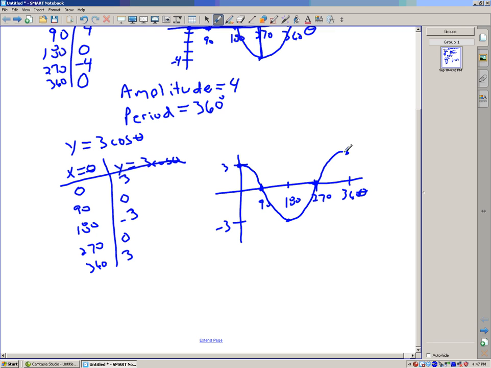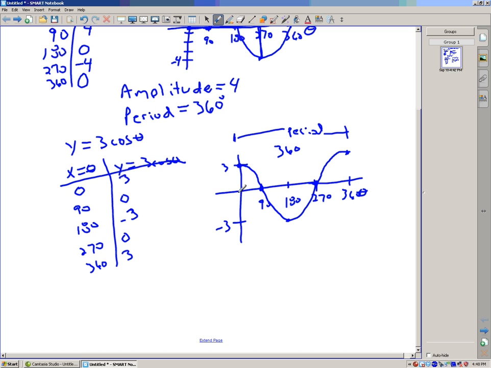Still loopy like a sine graph is, but we need to go from an amplitude of 3, or the top point or a crest of 3, back to when we get to that crest again. That's going to be one full period for cosine. And we notice that distance again was 360 degrees.